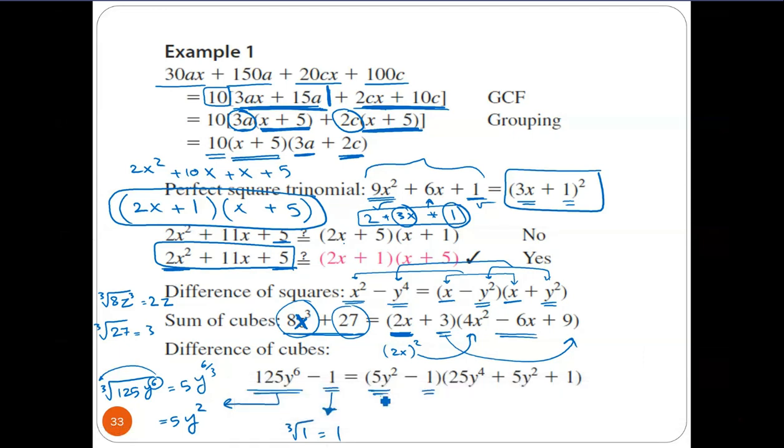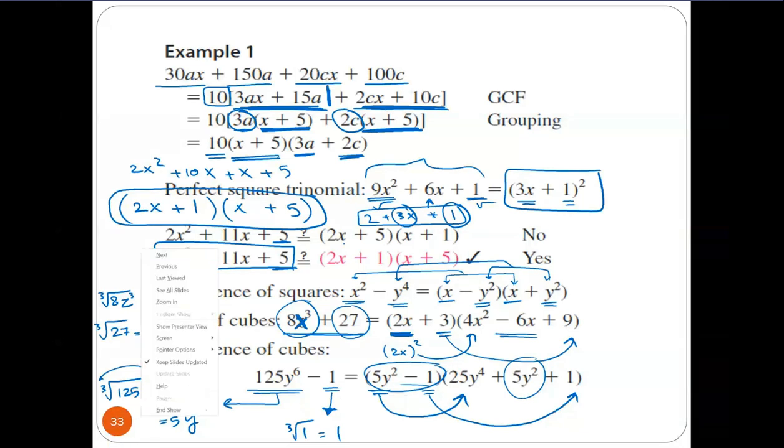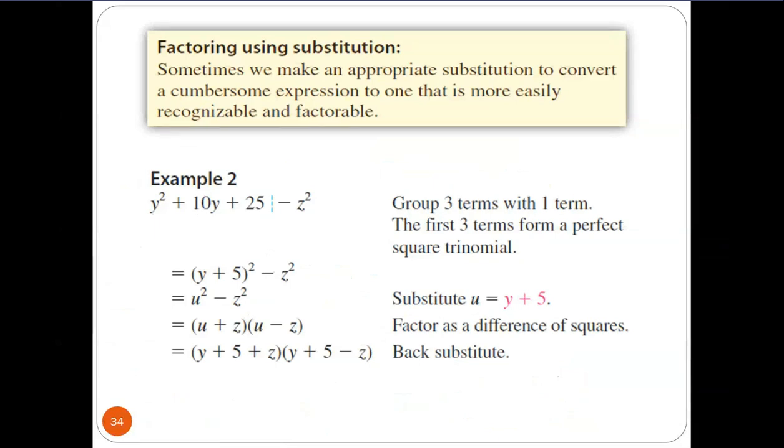The square of 5y squared is 25y to the power 4, the square of 1 is 1, and multiply these together: 5 with 1, 5y squared with 1, 5y squared, like this. Any question?